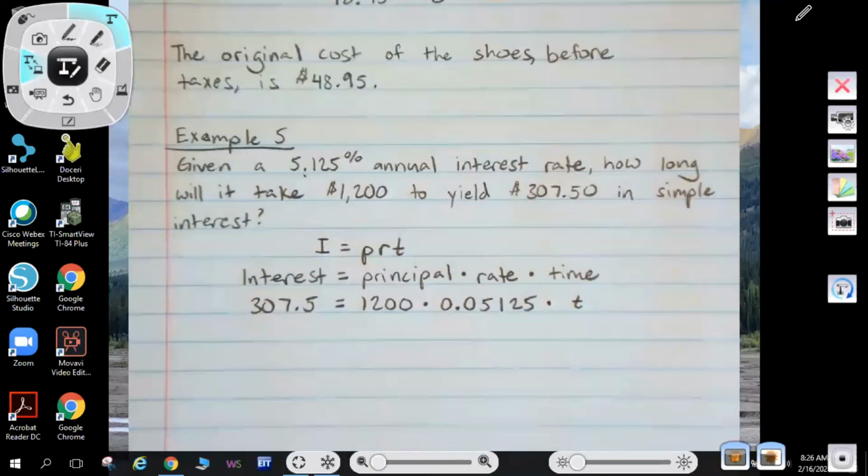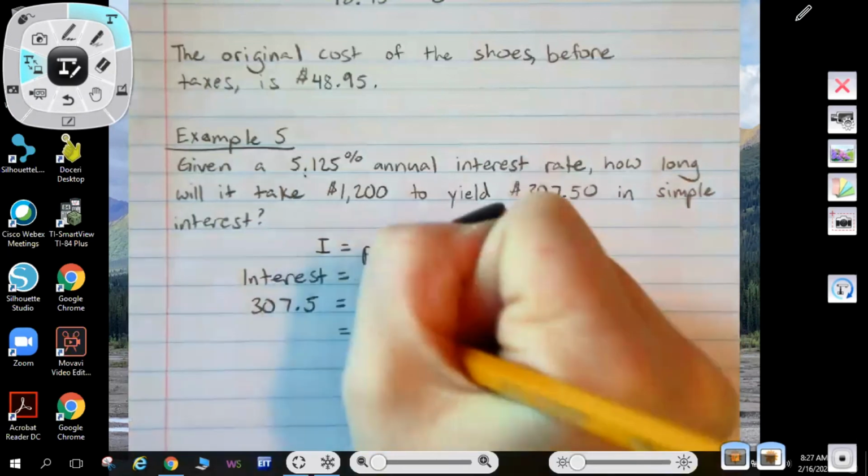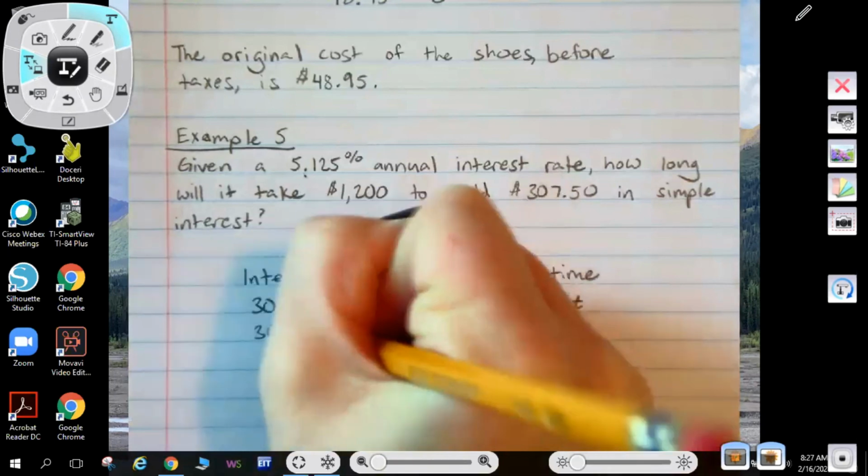Now we can solve this equation for t. So let's multiply here. We've got 1200 times 0.05125. That gives us 61.5 t.